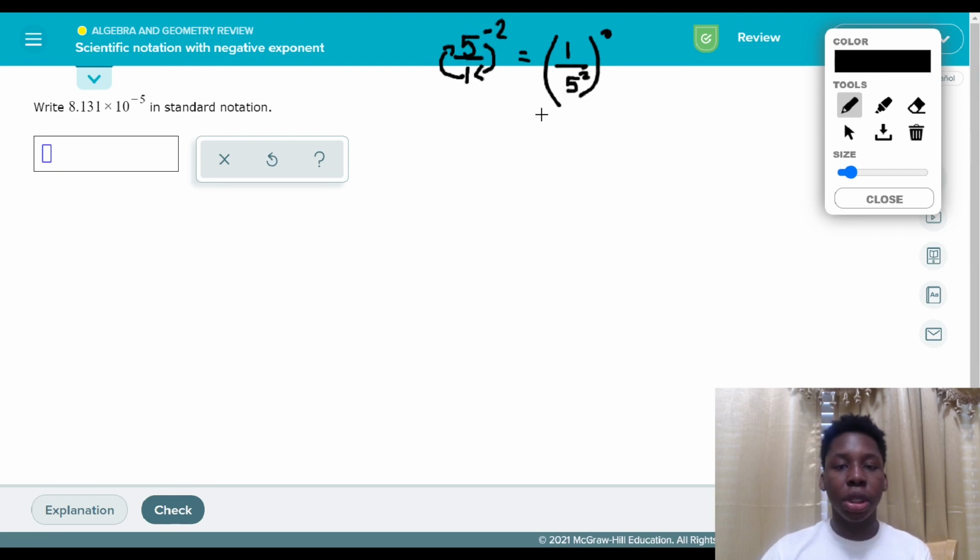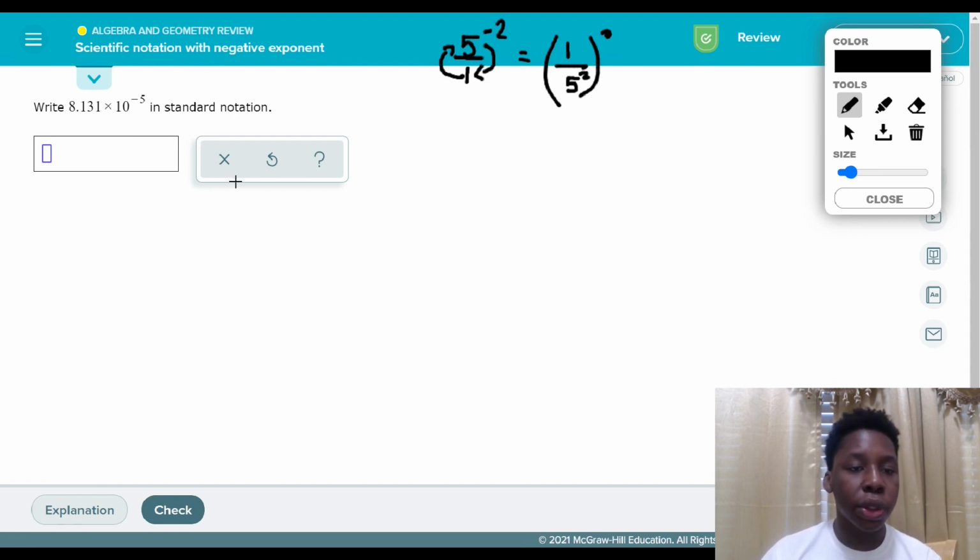So let's take a look at this question. It is asking us to write 8.131 times 10 to the power minus 5 in standard notation. So basically we're going to have to simplify this expression given to us.